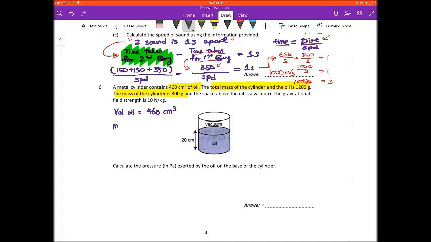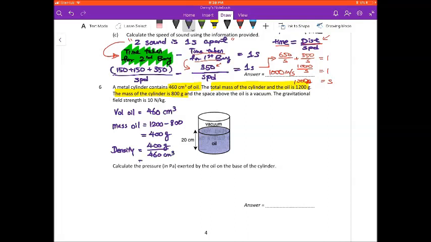If you want to find the mass of oil, you need to subtract 1200 minus 800 and you will get 400 gram. So with these two pieces of information, you can find your density by doing mass over the volume.